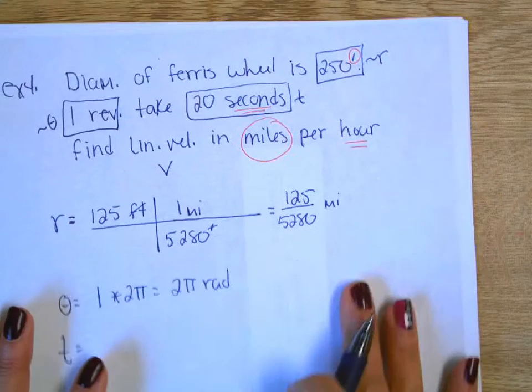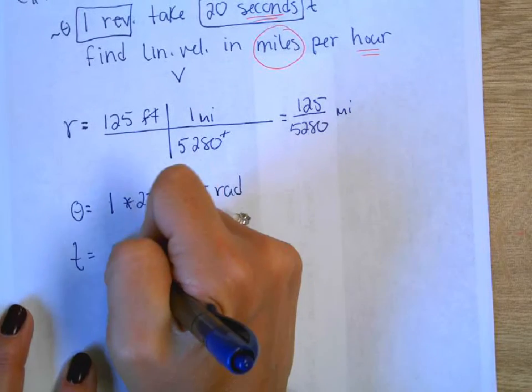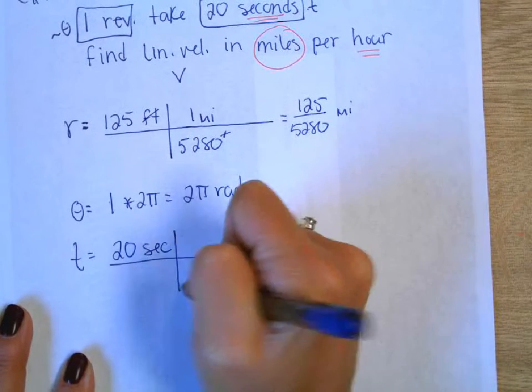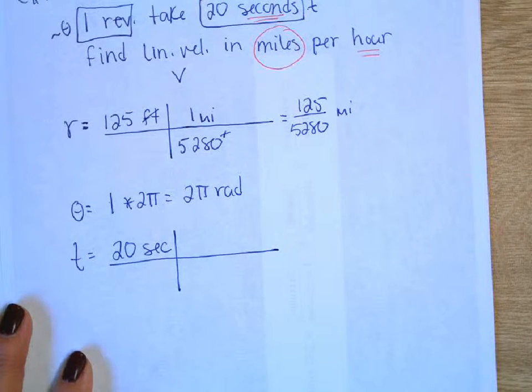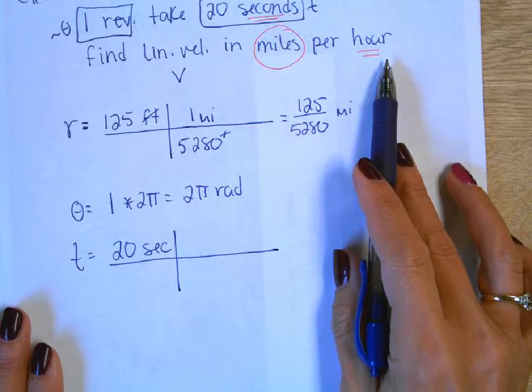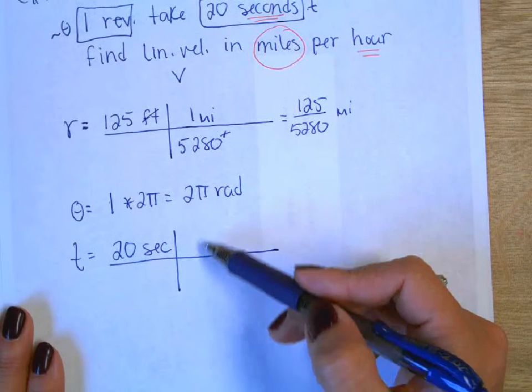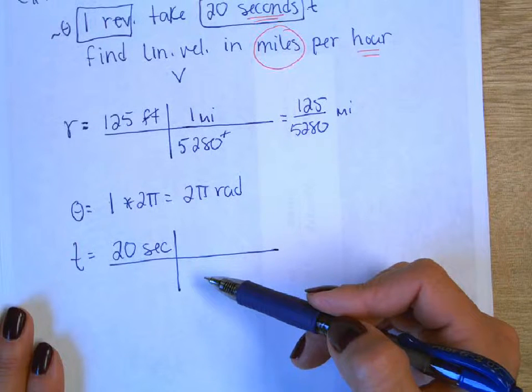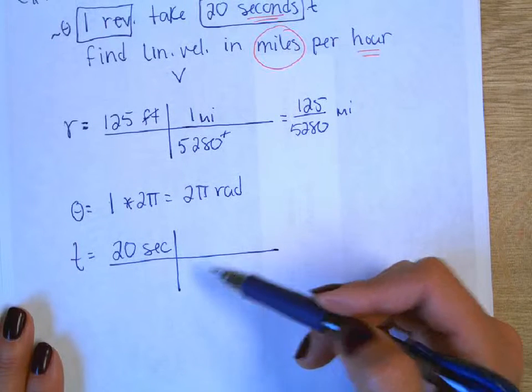Time is 20 seconds. See how labels are important here? What do I want to get to? I want to get to hours. Let's do a couple of conversions. So what's a conversion you know that we can use? Seconds and minutes?